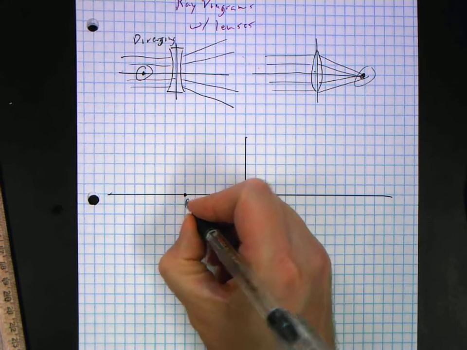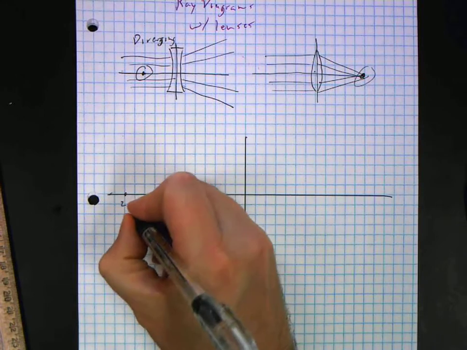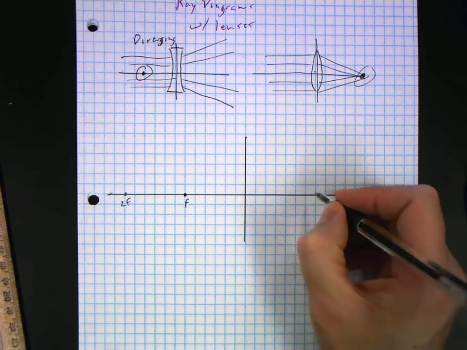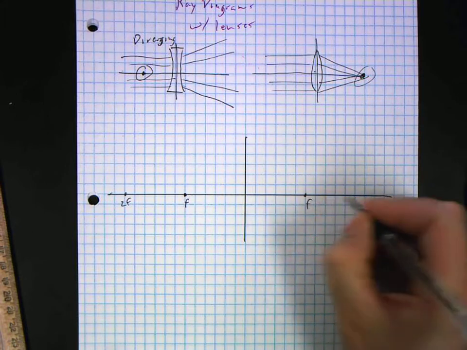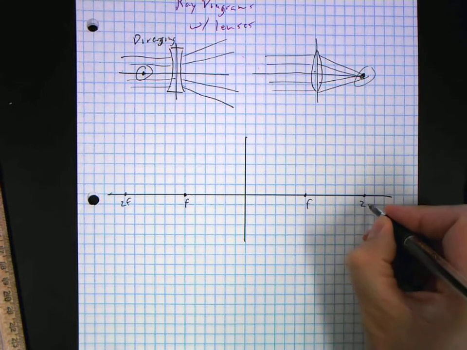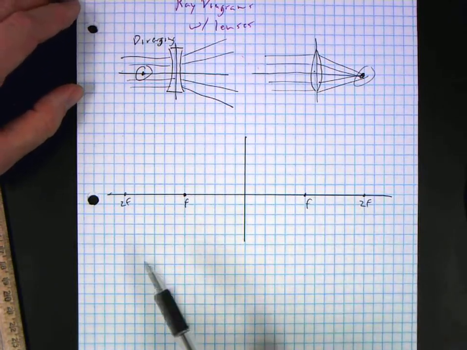That's F. 1, 2, 3, 4, 5, 6. That's 2F. I'm going to put the same thing on the other side: F, and 2F over here. That's because you can shine light from either side of a lens.